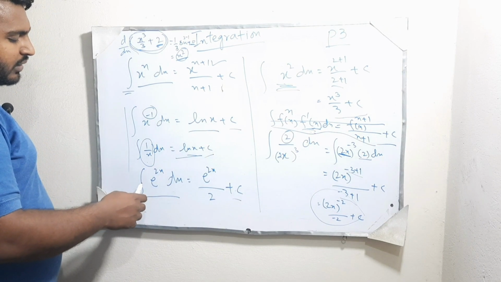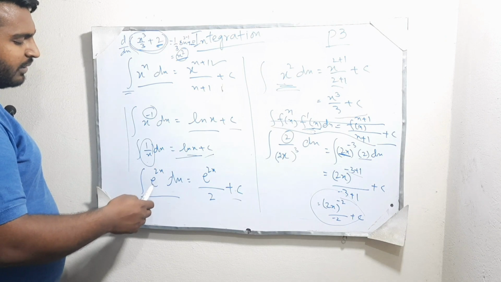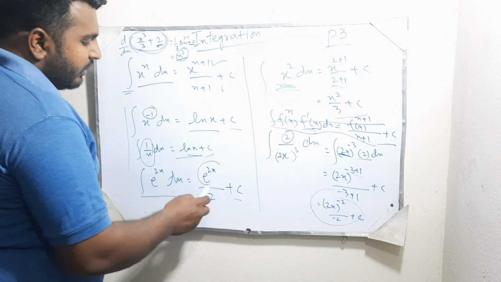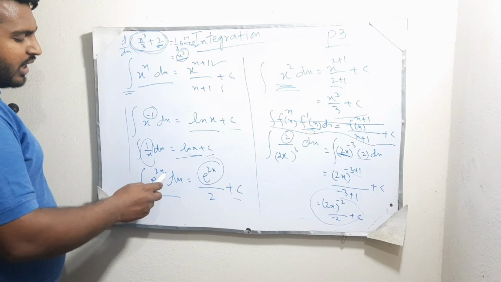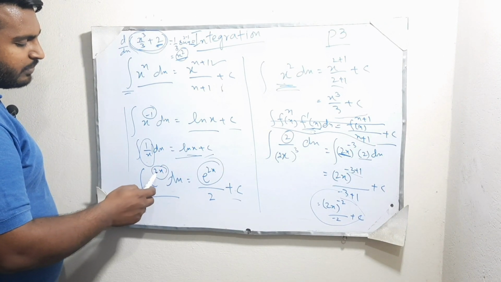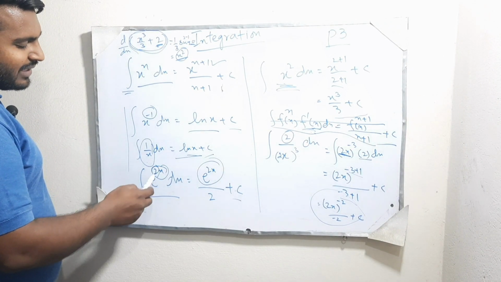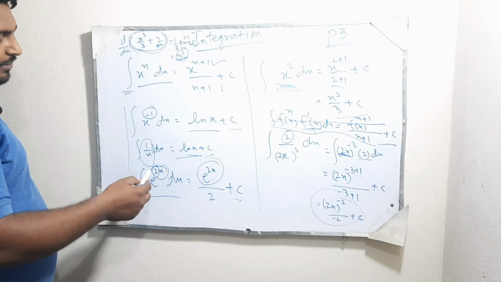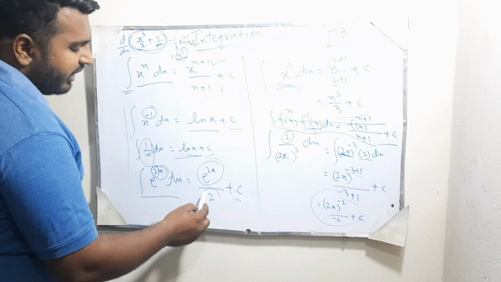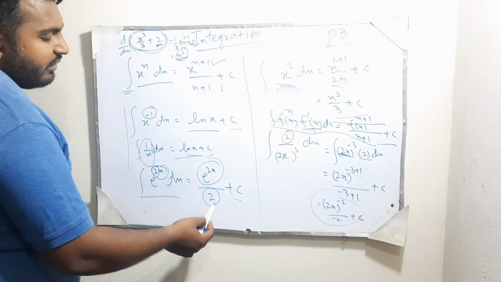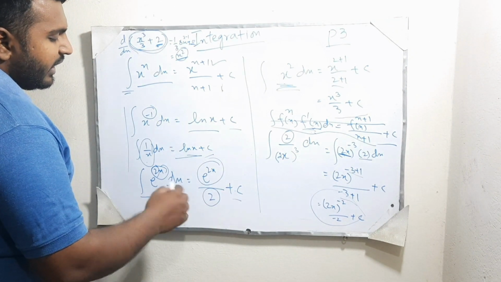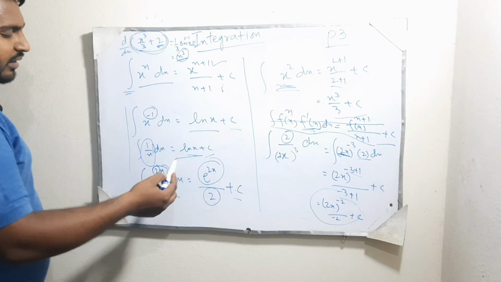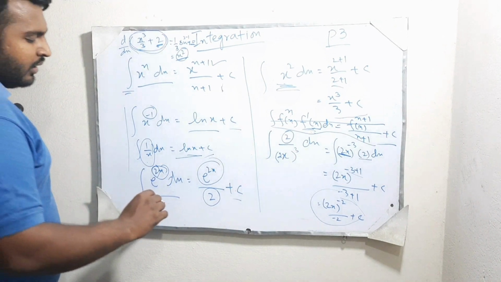And for questions like exponential functions e power 2x, here e power 2x comes as it is, and the derivative of its power, like here it was k, this 2 was k in previous examples, this k will divide here. In integration, k will be divided. In derivative, k will multiply.